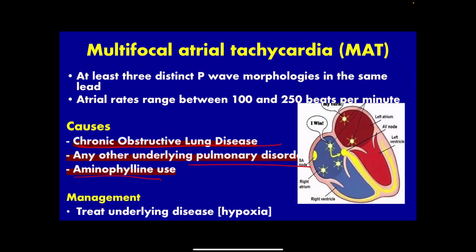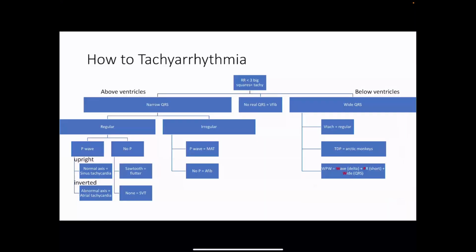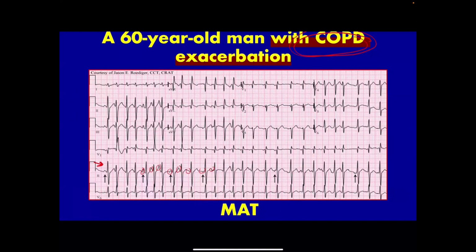Okay, now the reason this happens is because, I don't want to go into details, but you have ectopic tissue, and each one of them is giving the atria a contraction. So each time the atria is contracting because of a different impulse it's receiving. That's why each P wave looks different, because not each one is because of an impulse from the sinus node.